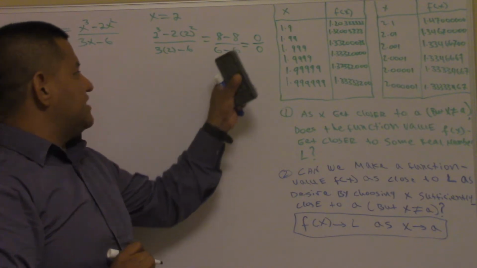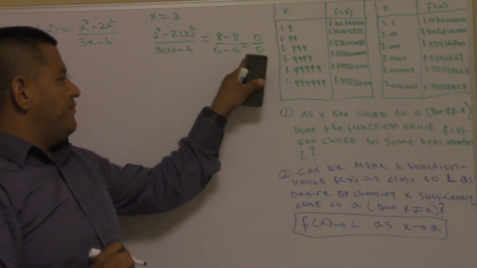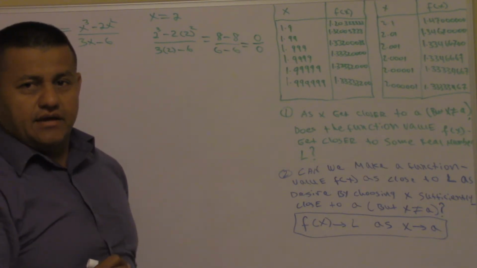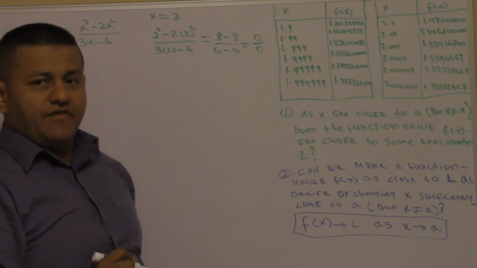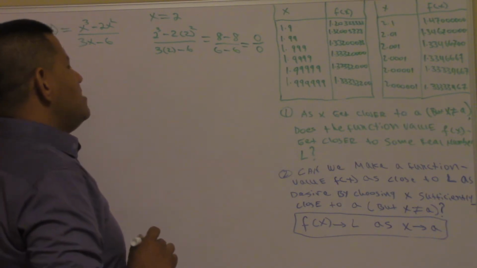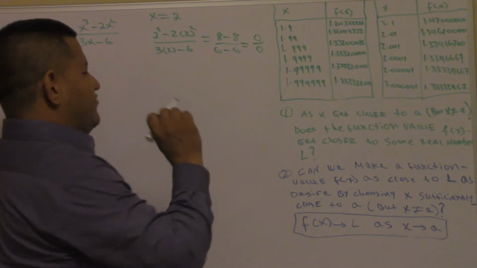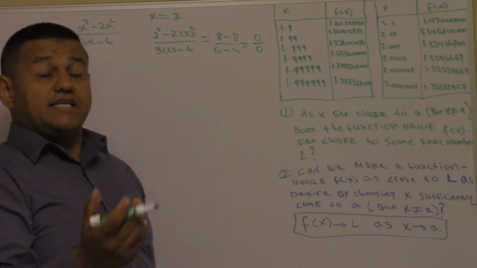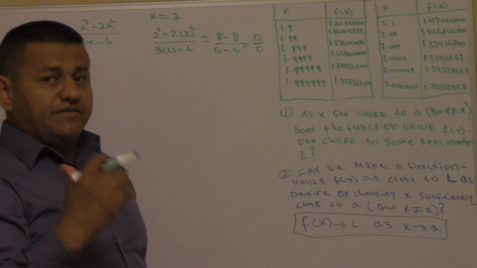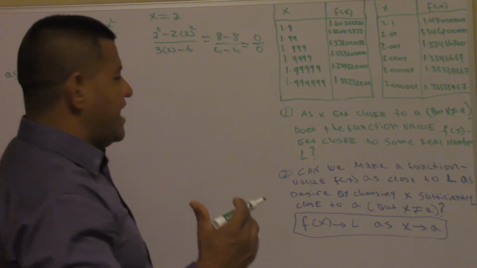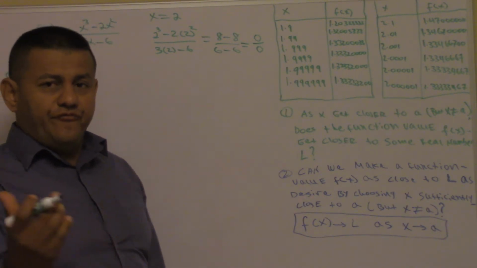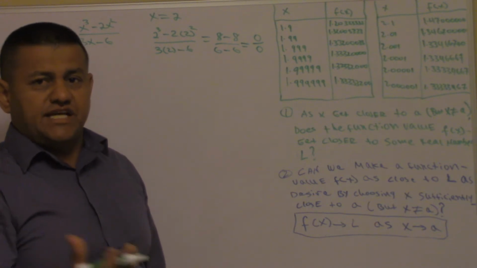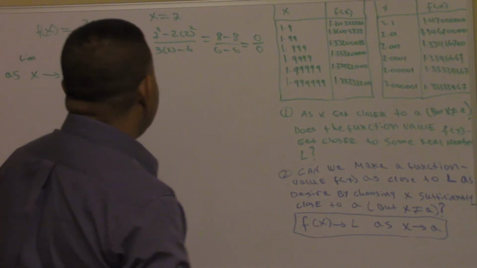Okay, look at this. This is undefined. Why? Because you cannot divide by 0. Okay, so if you divide 0 by 0, it's still undefined. You can divide 0 by a number, but you cannot divide 0 by 0, right? Or any number, any function divided by 0 is undefined, okay?